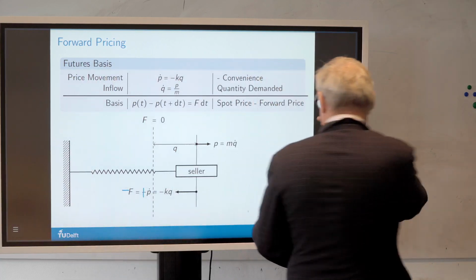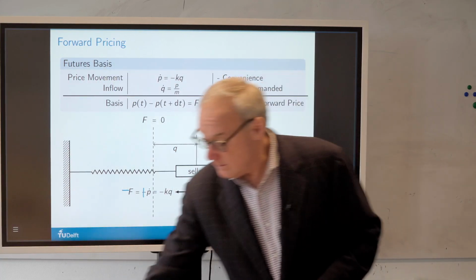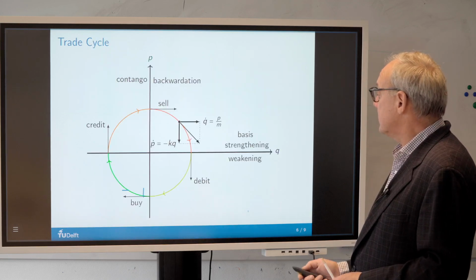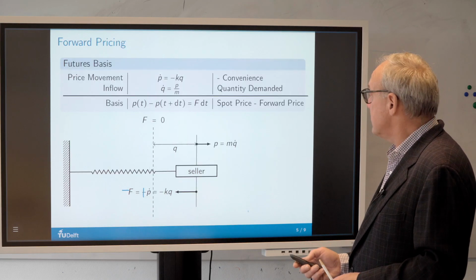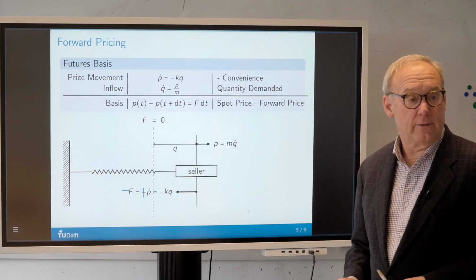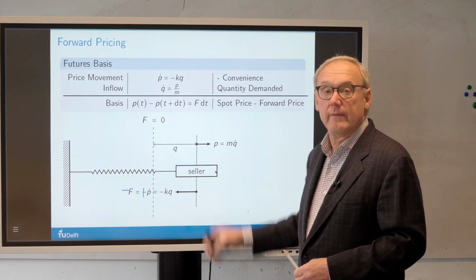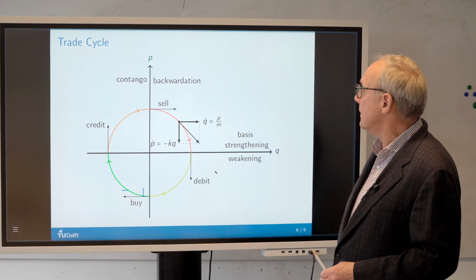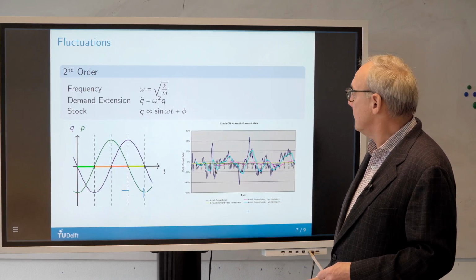So, I think what I want to do is then go to the trade cycle with this, but it's better to do that, I think, after the break. Then we'll take this situation and start analyzing this in the trade cycle, and then do some fluctuations.